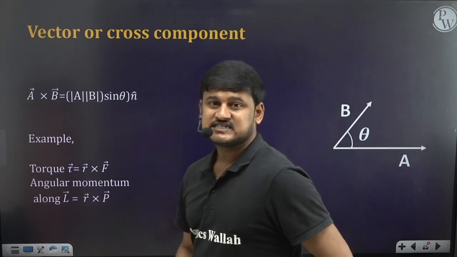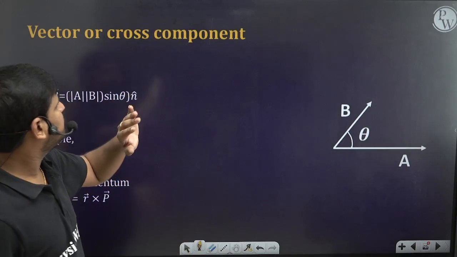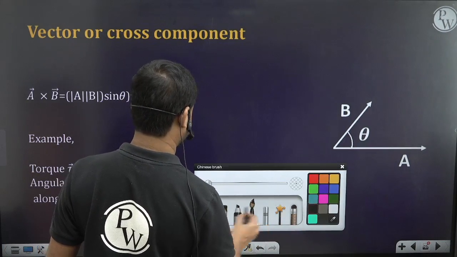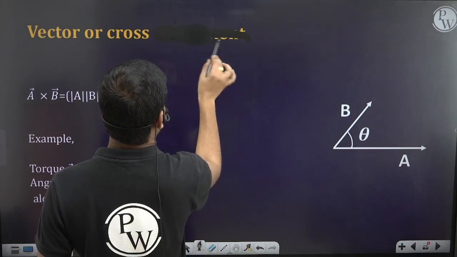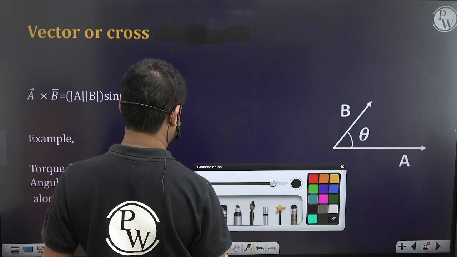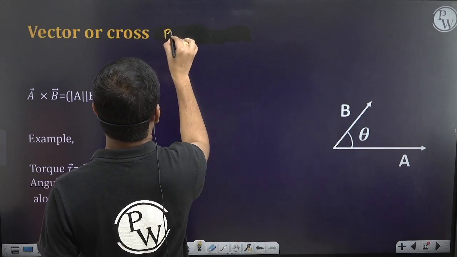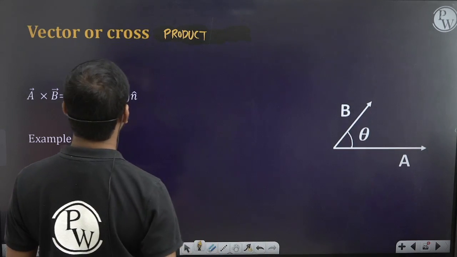Now let's come to the next part, that is the vector or cross product. Printing mistake, this is a product. Okay, so the vector or cross product.